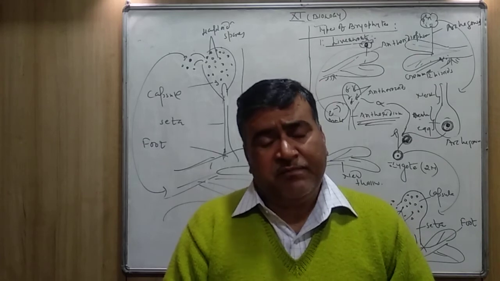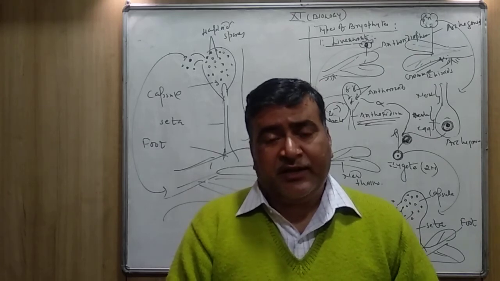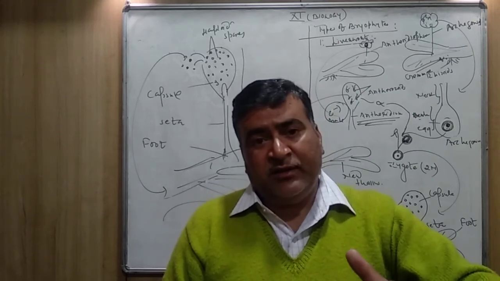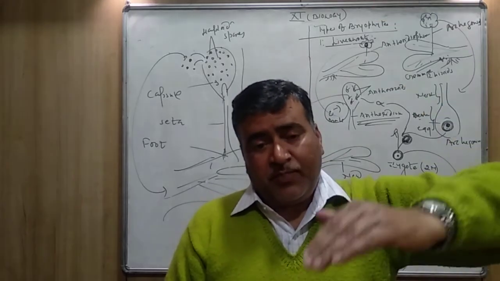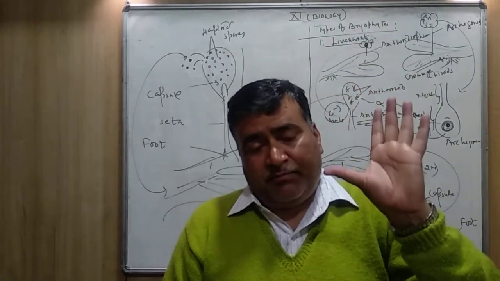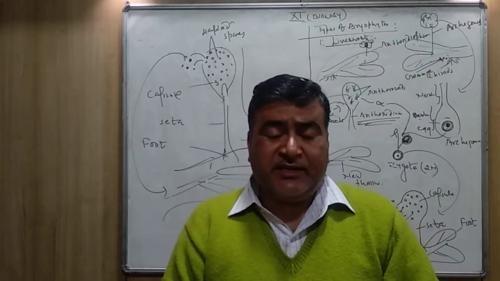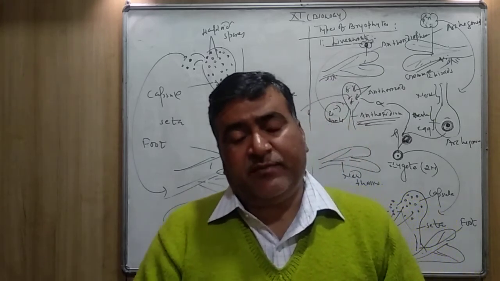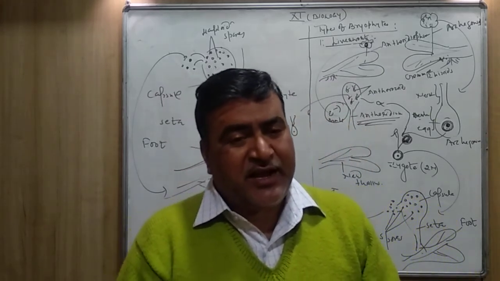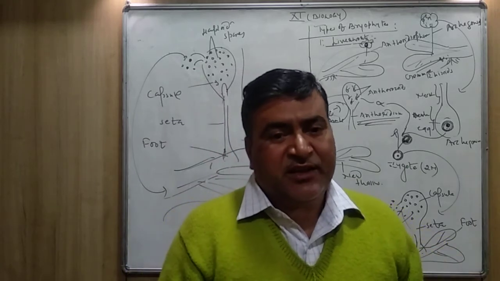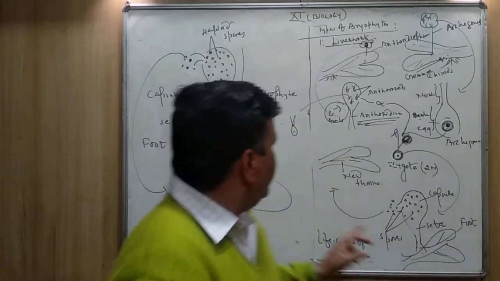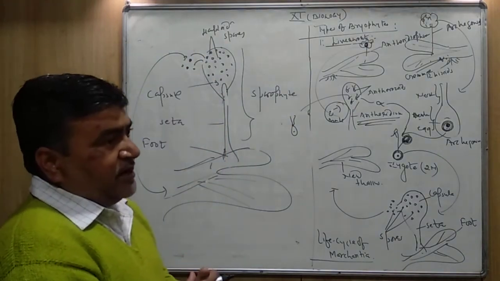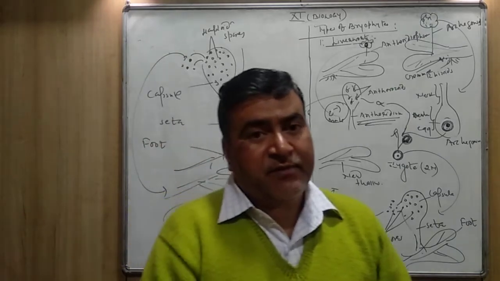Zygote is diploid in nature. It has two sets of chromosomes. Now from the zygote, the new phase starts, that is sporophyte. The zygote divides by the process of mitosis division, and due to the repeated division, the zygote develops into the sporophytic plant. And this sporophytic plant is still attached to the gametophytic plant.